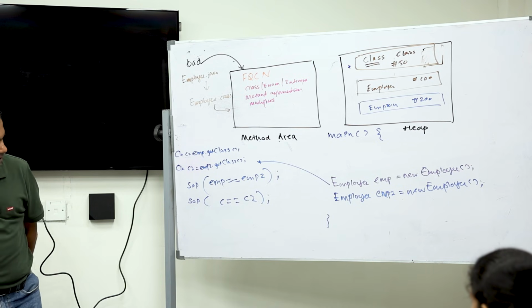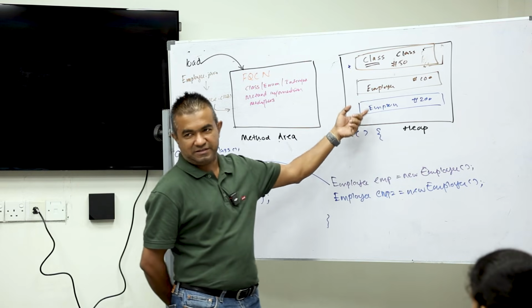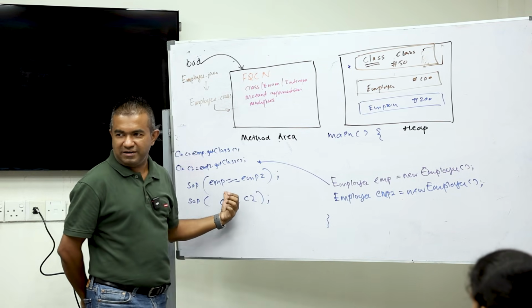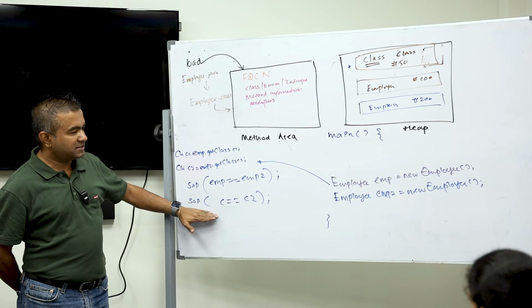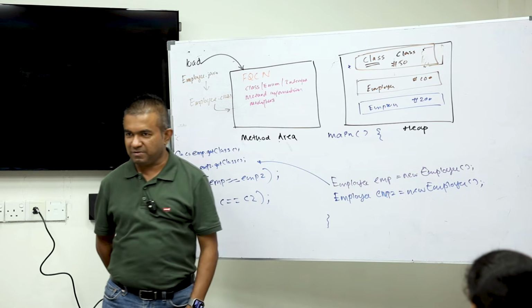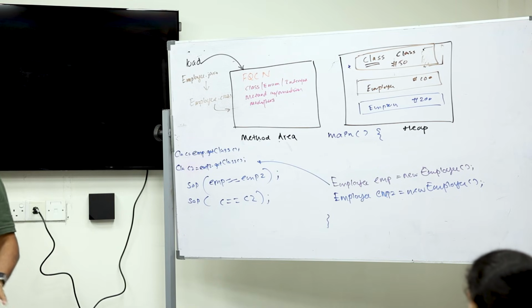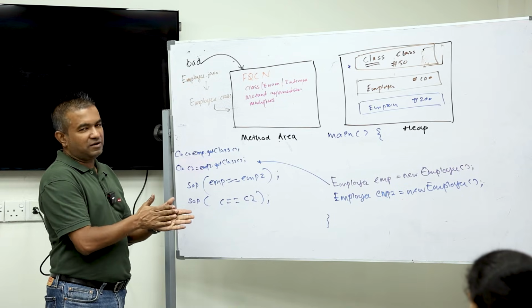Yeah. Why? Because these two are not equal, it created a new object. The equal sign checks not the content, but the reference. But C and C2 are the same. Why? Because they are referring to the same class. So that is all about loading.